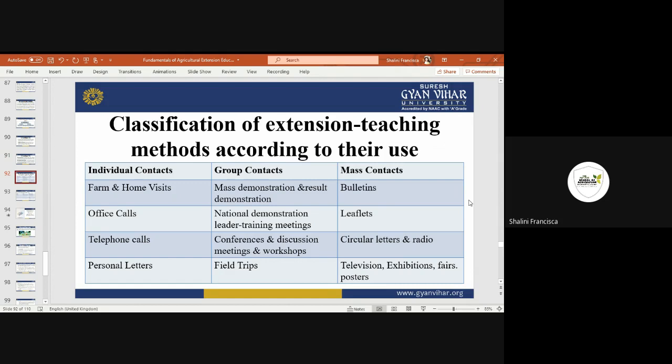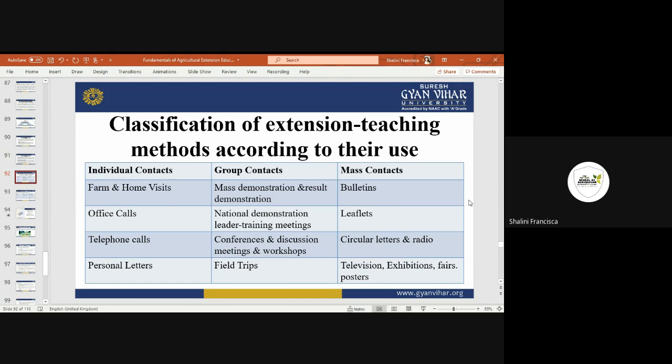If the project is about monitoring the livelihood of the people living in the rural area, they go for that. Then office calls, like one to one communication. If you have any doubt, you can call the KVK office, or any Kisan helpline call, and interact with it. Then telephone calls, and also personal letters, through which you can interact one to one with an individual.